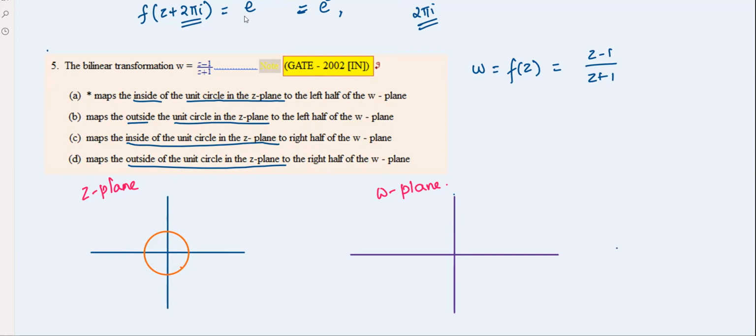So let us see that. First of all, let us simplify this and see how it looks. This is x plus iy. It becomes x minus 1 plus iy over x plus 1 plus iy.